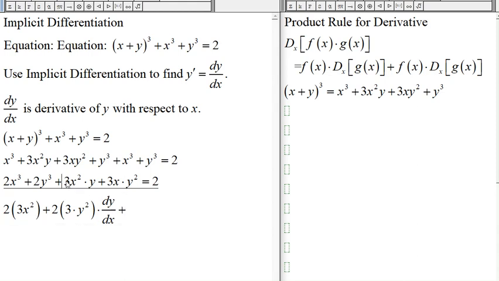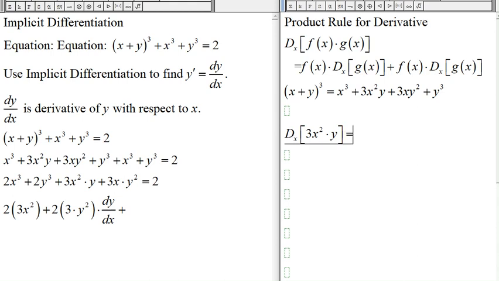And then this is a product, so we need to do the product rule. First, which is 3x squared, and then times the derivative of y, and then plus y, and times the derivative of 3x squared.